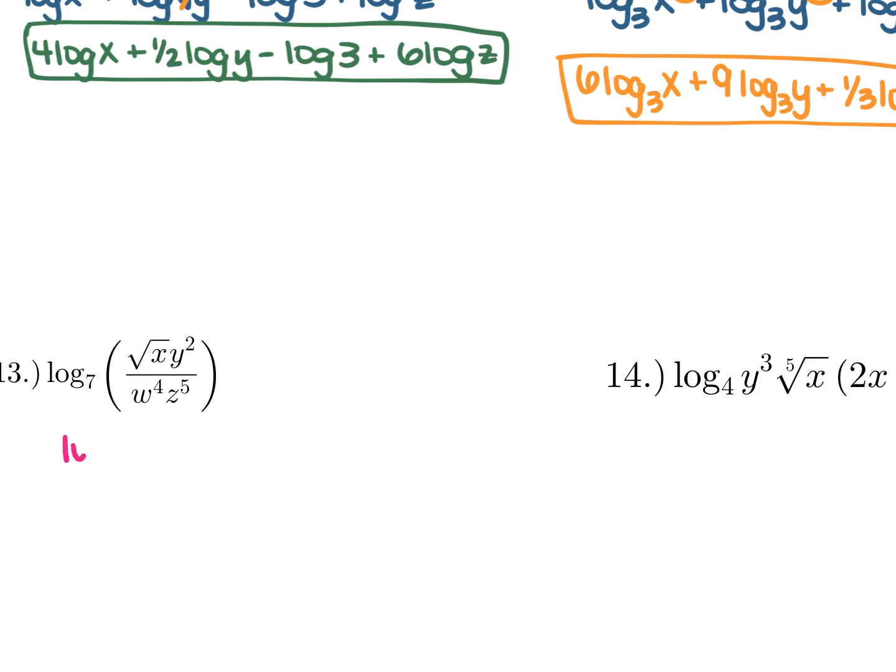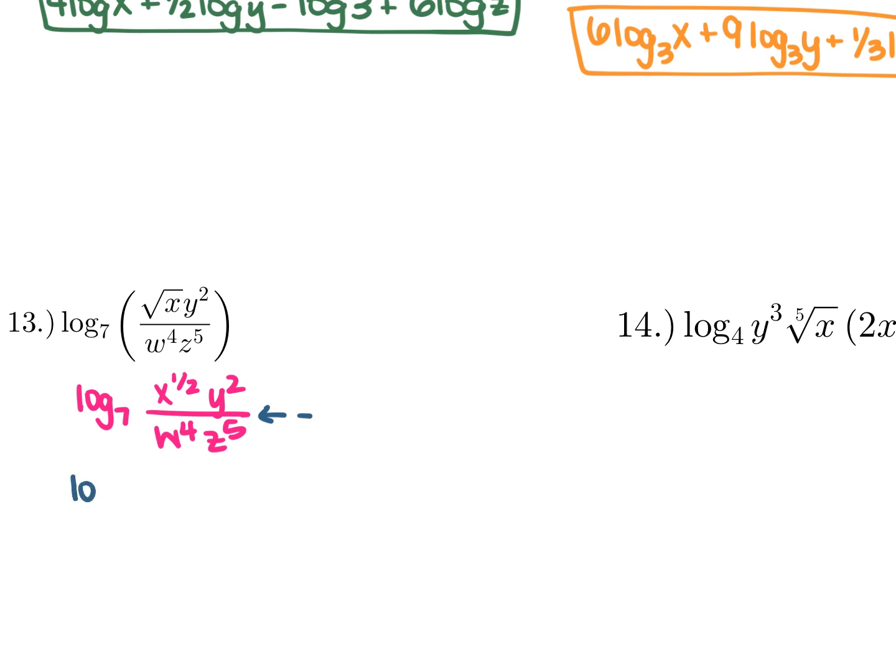So you have log 7 of x to the power of 1/2 y squared over w to the 4th, z to the 5th. Then you are going to rewrite the division as subtraction. So that's log 7 of x to the power of 1/2 y squared minus log 7 of w to the 4th, z to the 5th.